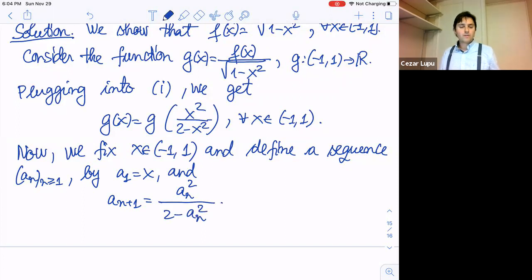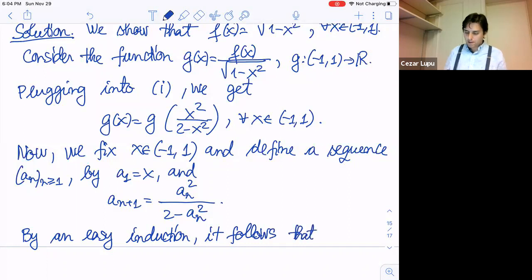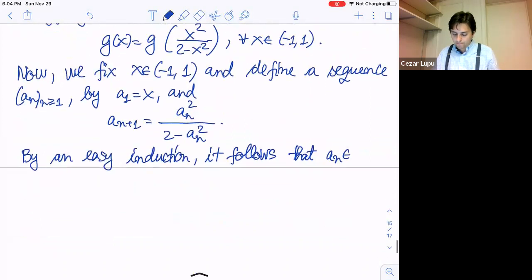Right? We define the sequence a_n in this way, and now it follows quite clearly by an easy induction that a_n is bounded between -1 and 1. Right, that's very easy to see.